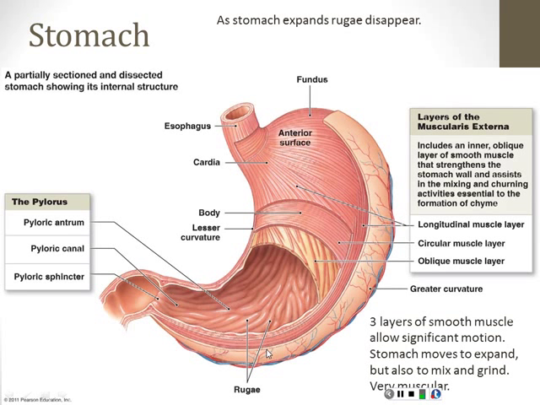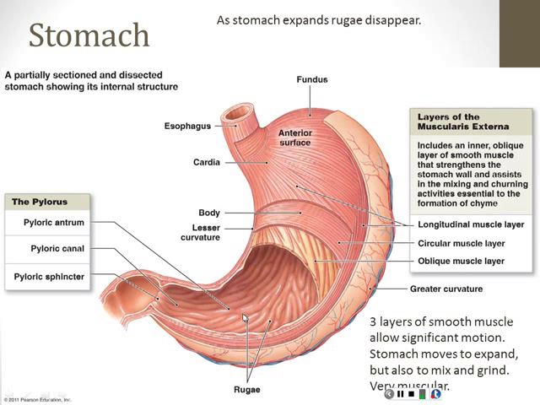So when the stomach is empty, it is contracted and it's at its smallest size, and it has these deep folds on the inside. But as we eat a meal, the muscle of the stomach relaxes, and the stomach gets larger and larger with each bite. When it reaches its maximum size, the rugae are no longer present, they're flat.